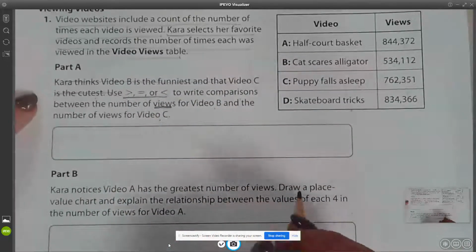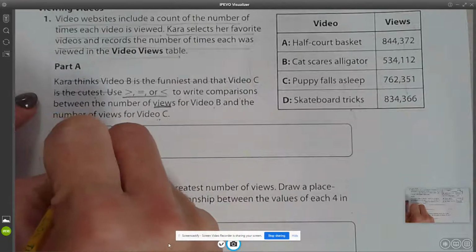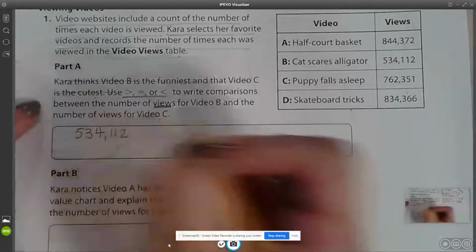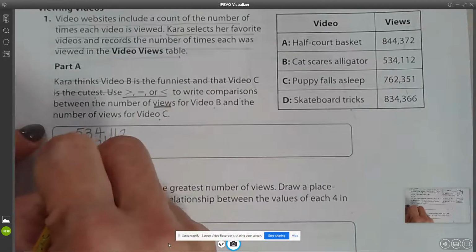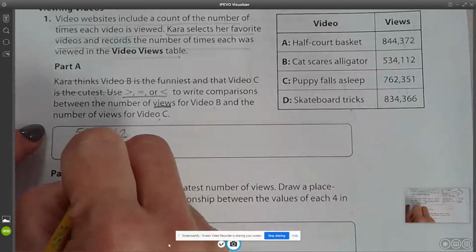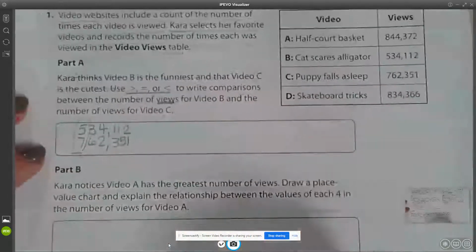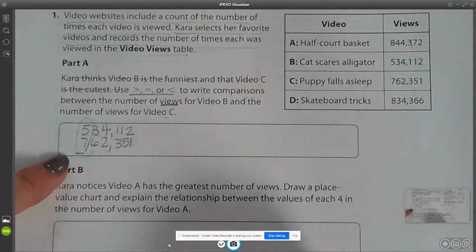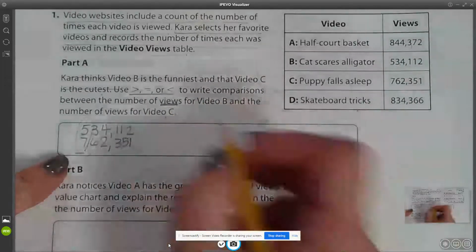Okay, so remember, we're going to stack. So I would stack 534,112 and 762,351. Now, right away, I can see the 100,000th place is going to tell me my answer. So I have to write the actual comparison.